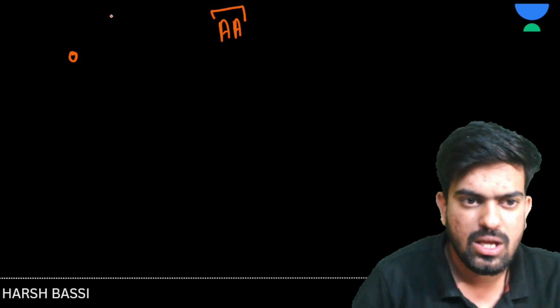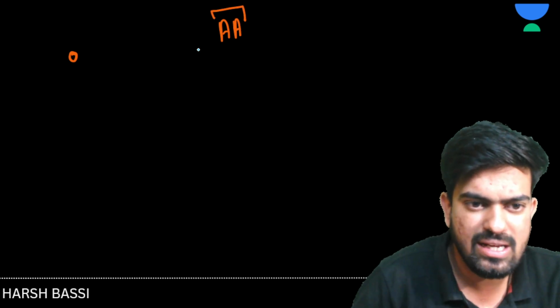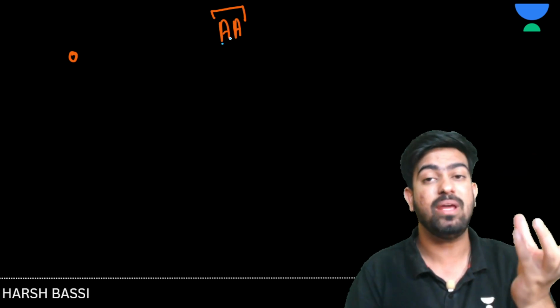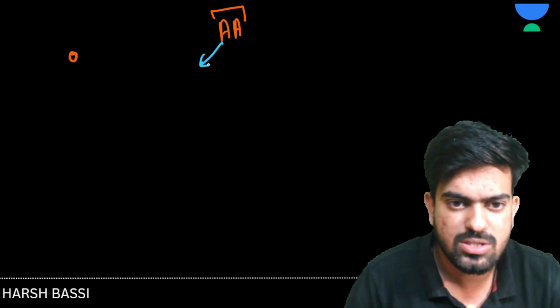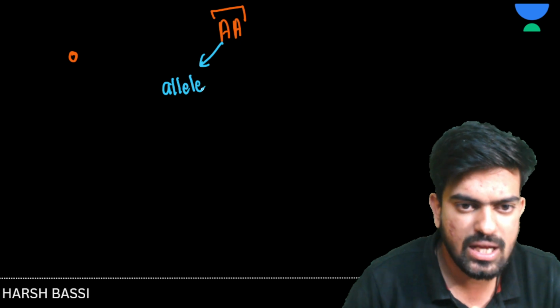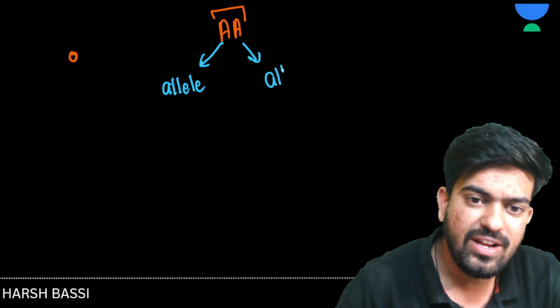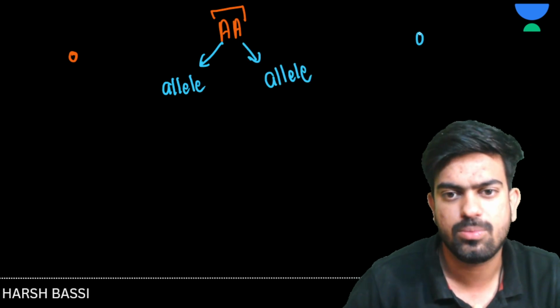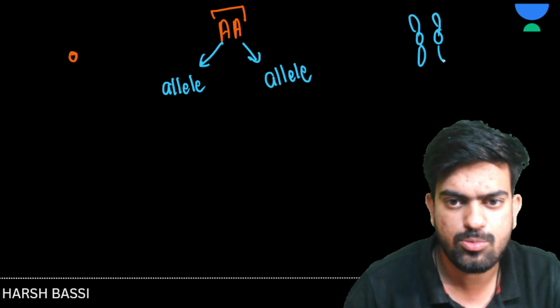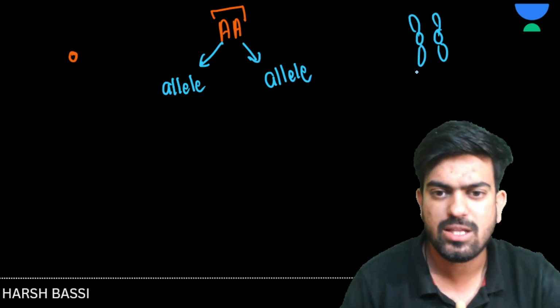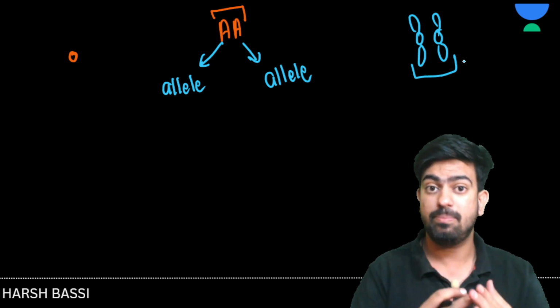This is a gene, and these are its alleles. So a gene occurs in pairs, and this is one allele and this is one allele. If I compare this with the chromosome, this is the homologous chromosome, so I can say the chromosomes are in pairs.